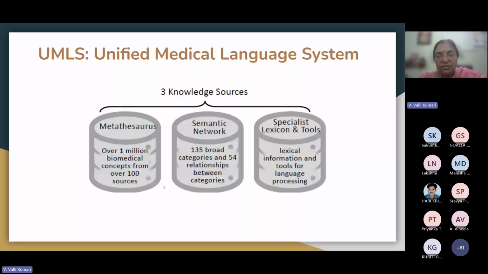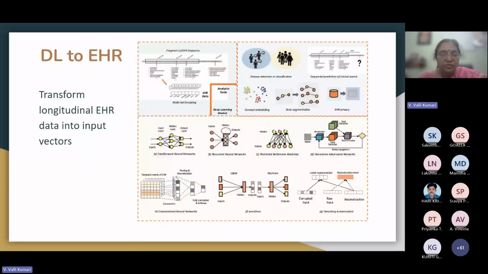And the semantic network, which has 135 broad categories and 54 relationships between the categories. And then there are lexicons. I have shown you one website in the beginning. So lexical information and tools for language processing. This is a specialist lexicon related to medical books.